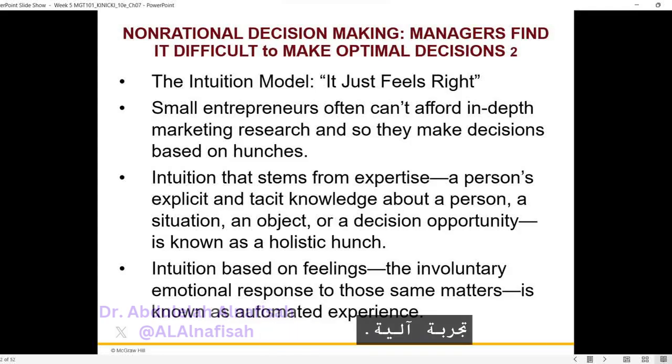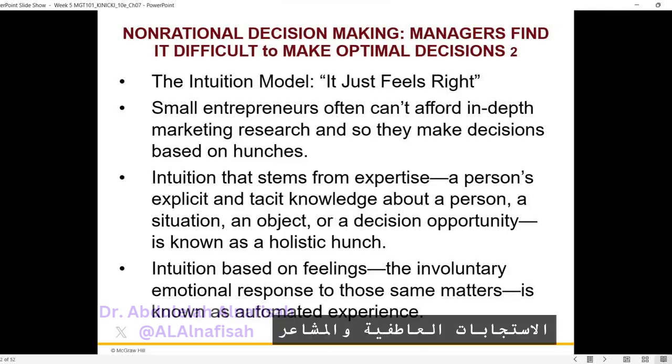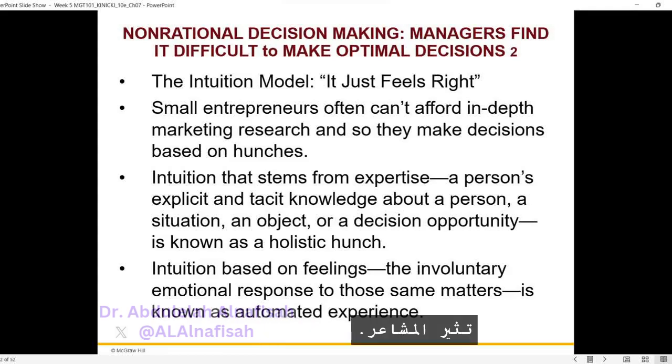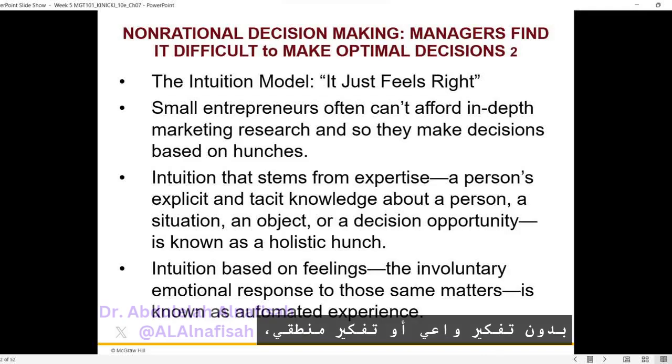2. Automated experience. This form of intuition is rooted in emotional responses and feelings towards certain matters. It is an involuntary and automatic emotional reaction based on past experiences. Automated experience relies on emotional memory, where previous successes or failures evoke an emotional response and influence decision-making without conscious thought or logical reasoning.